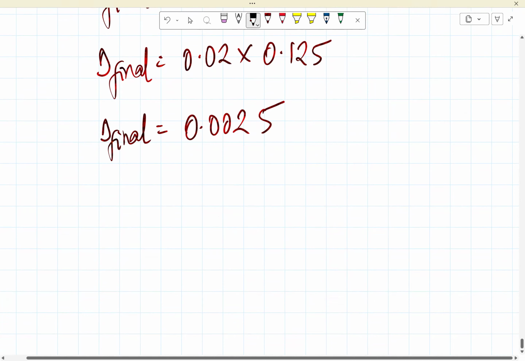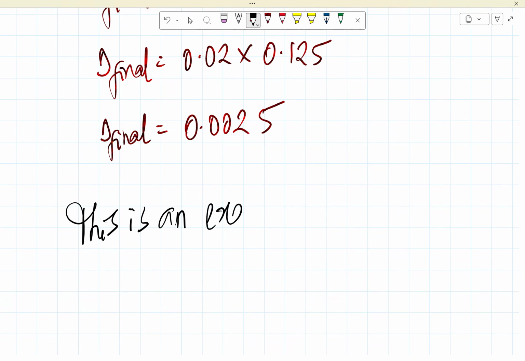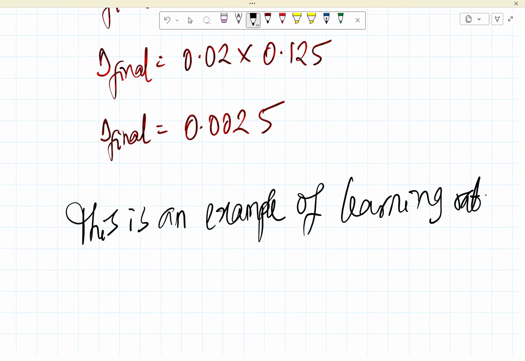This is an example of a learning rate schedule. So you can do learning rate scheduling. That's one way to make sure that there's stability.